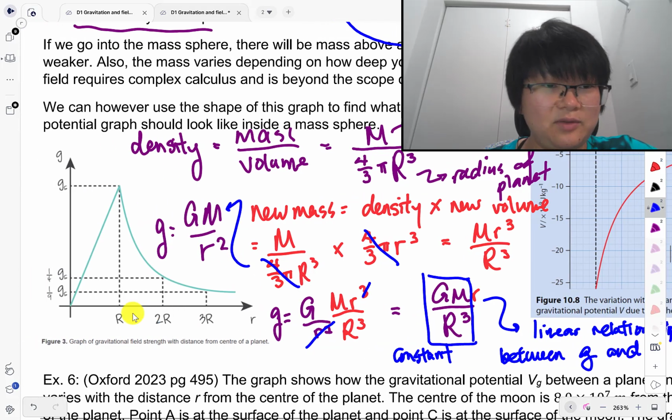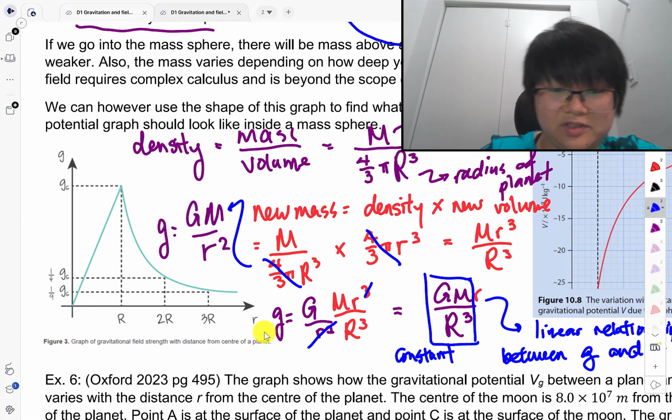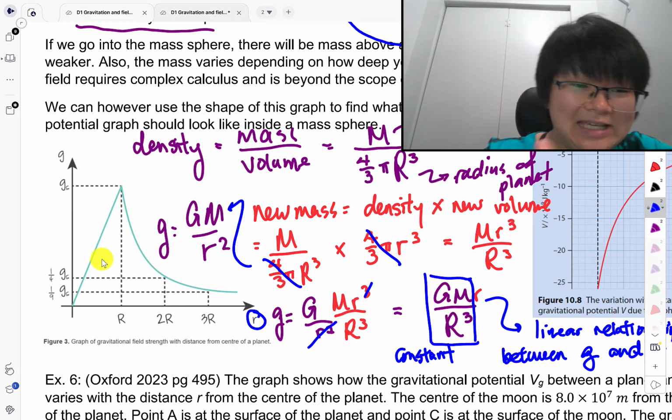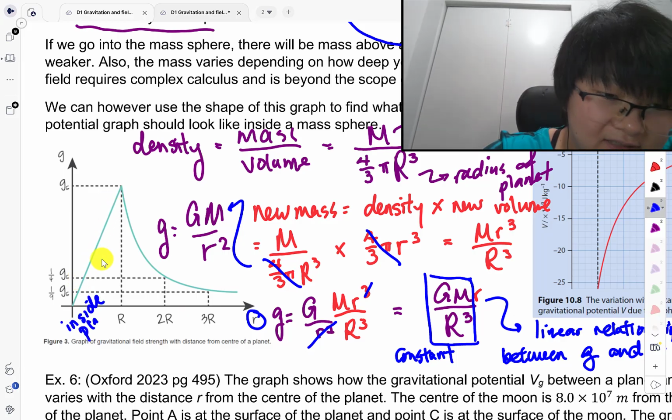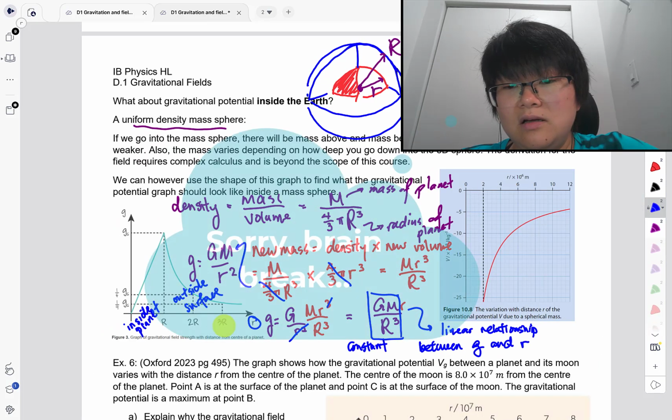And this is exactly what we see on this graph over here, where r, our x variable, as small r increases, the gravitational field increases linearly inside the planet, up to the surface of the planet.